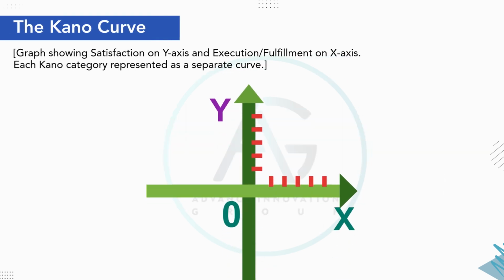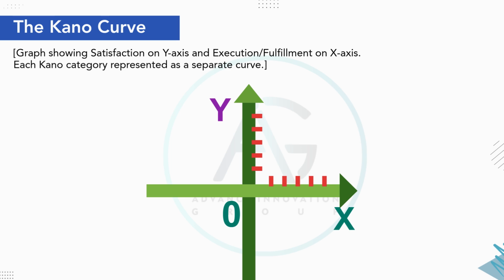This slide introduces the Kano curve, a visual representation of how different types of product or service features impact customer satisfaction. On the graph, the y-axis represents customer satisfaction, from dissatisfaction at the bottom to high satisfaction at the top. The x-axis represents level of feature execution or fulfillment, from poor or no performance on the left to excellent performance on the right.